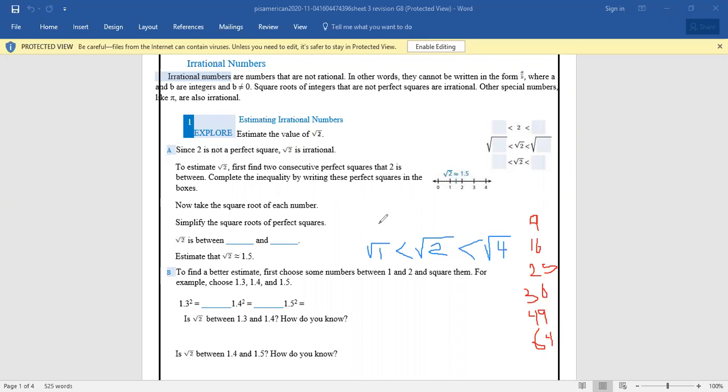Root 1 is 1, root 4 is 2. So now I want to know root 2, how much will it be? As I said, it could be approximately 1.2 or 1.3 or 1.4.